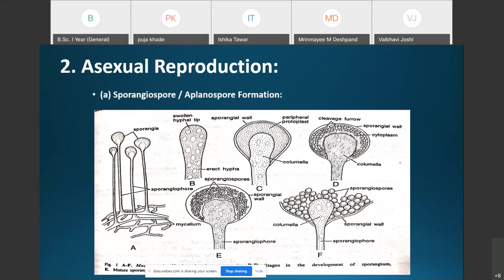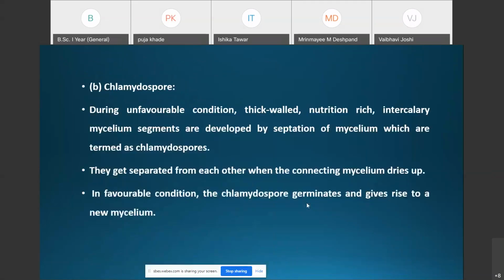Whenever the conditions are favorable, they will germinate, form the germ tube, and later develop into the new mycelium of the Mucor. That is how asexual reproduction takes place by the formation of sporangiospores or aplanospores in Mucor. Then, asexual reproduction by the formation of chlamydospores.